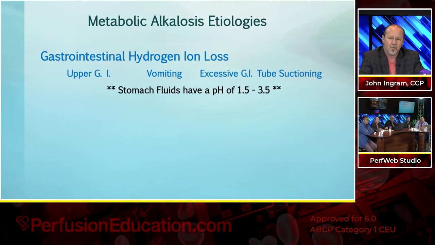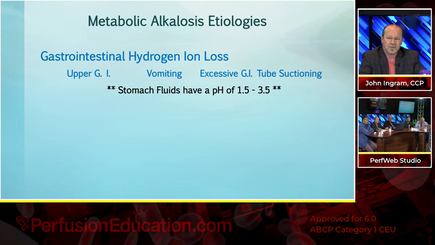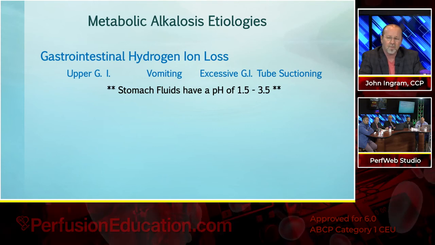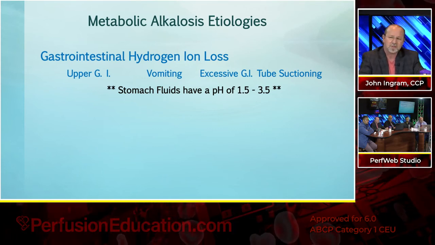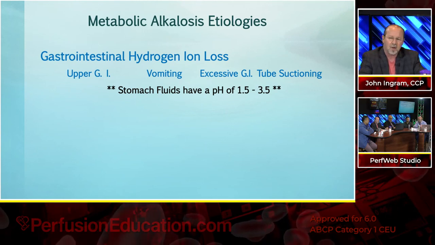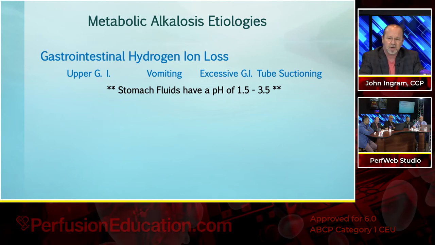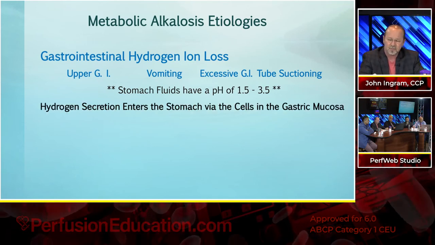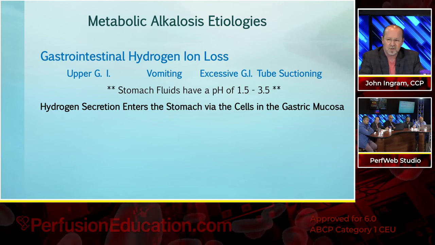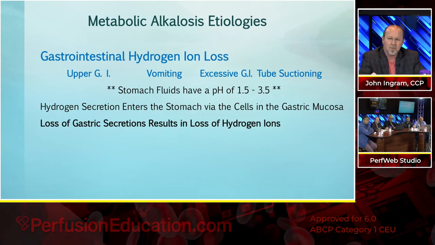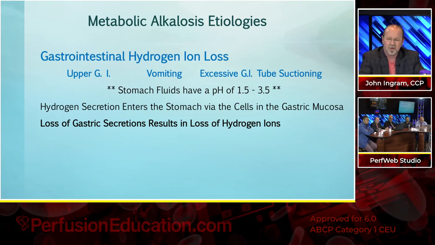One of the important things to know, which a lot of us have probably forgotten, is that the pH of your stomach fluids is 1.5 to 3.5. And as I was saying earlier, because it's a logarithmic scale, imagine how incredibly acidic that is and how many hydrogen ions are present to produce that pH. Hydrogen is secreted into the stomach through the cells in the lining of the gastric mucosa, but when you lose these gastric secretions, you lose a lot of hydrogen ions.